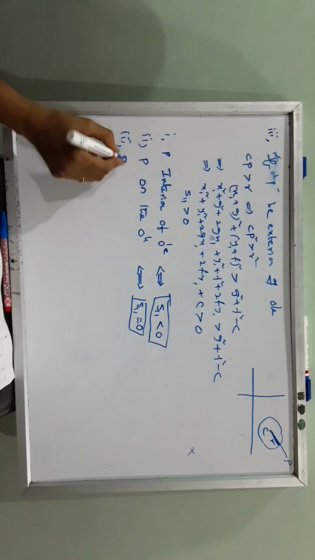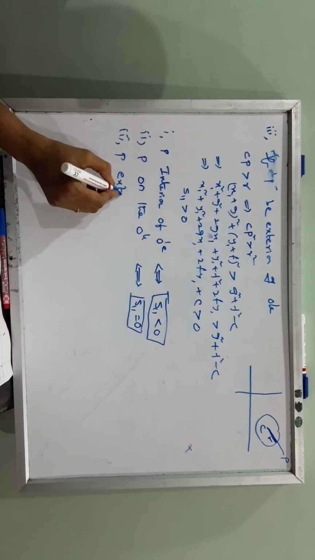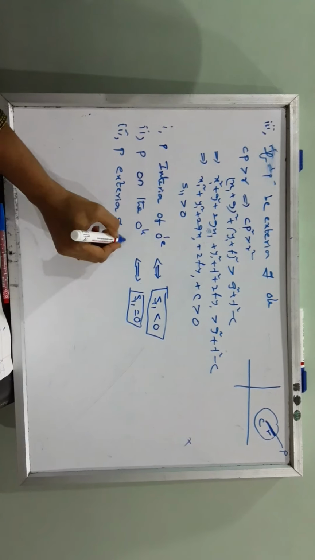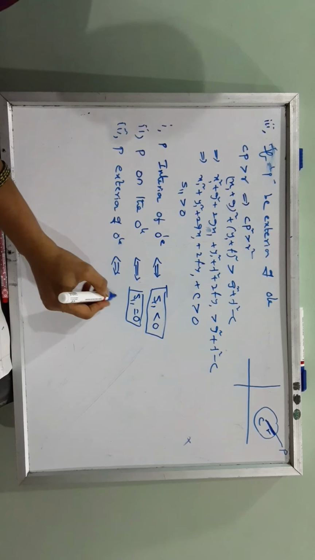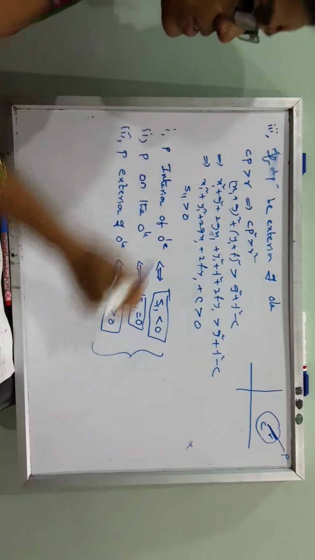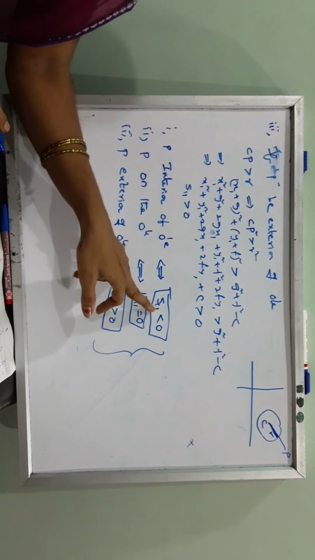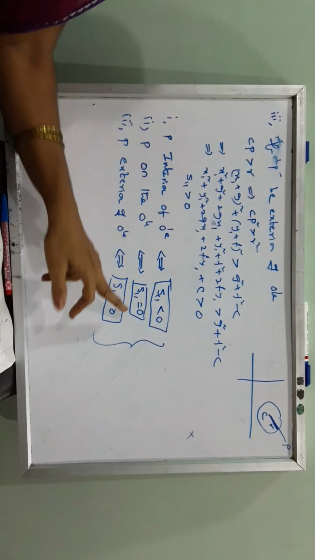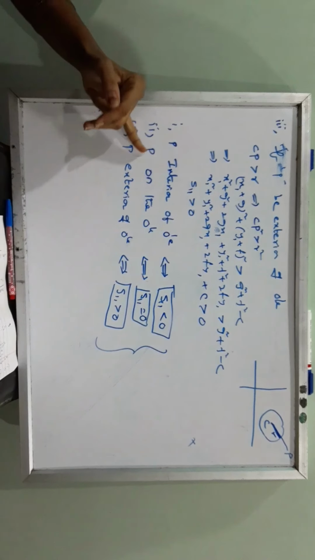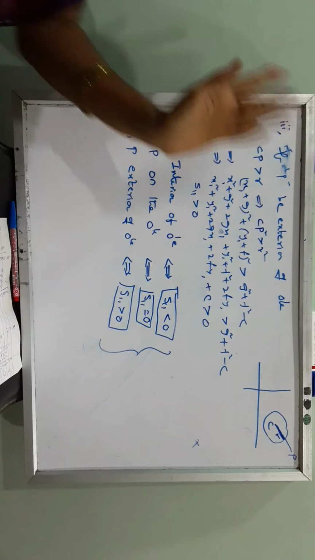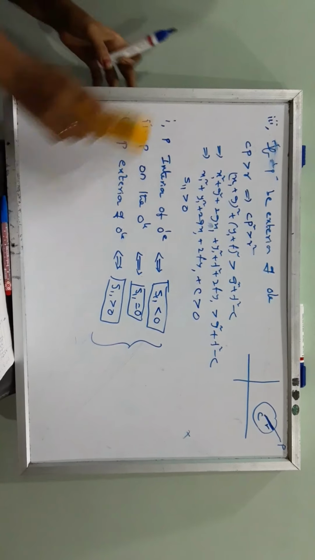Third one, P is exterior of a circle if and only if S11 is greater than 0. These three are most important. If S11 is less than 0, then P is interior of a circle. If S11 is equal to 0, P is on the circle. If S11 is greater than 0, P is exterior of the circle.